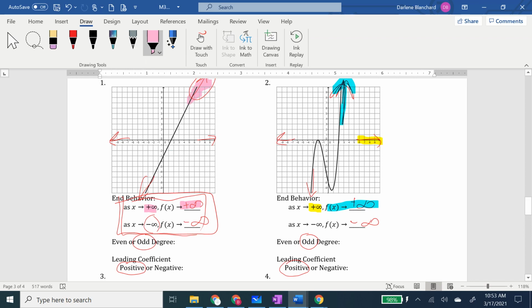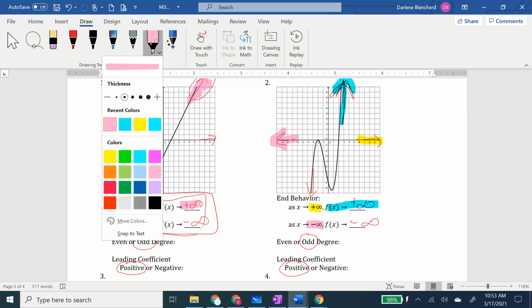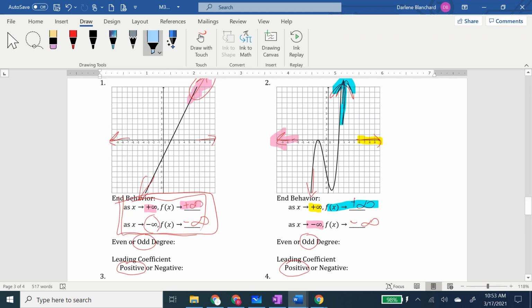And then x heading to negative infinity means you're looking at the left end. And you want to notice that you're heading down on the left end. So as x approaches negative infinity heading left, f of x approaches negative infinity heading down.